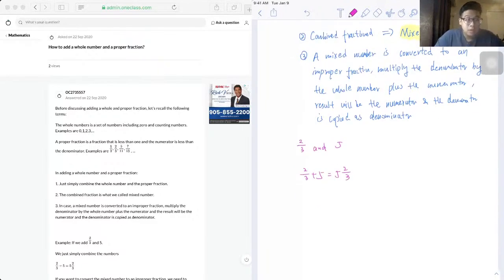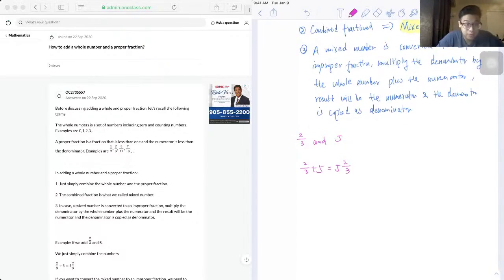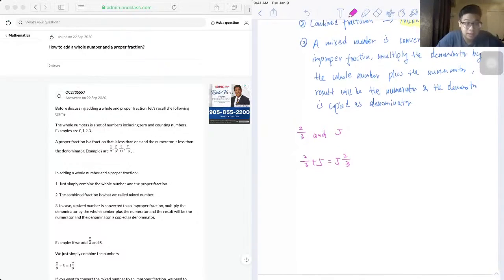And if we want to convert the mixed number to an improper fraction, we need to multiply 3 and 5, and the result will be added to 2, and the 3 is copied as the denominator, since we already have a 3 in our question as denominator. So 5 times 3 is 15, and 15 plus 2 is 17, where 17 is our numerator. So our final answer will be 17/3.